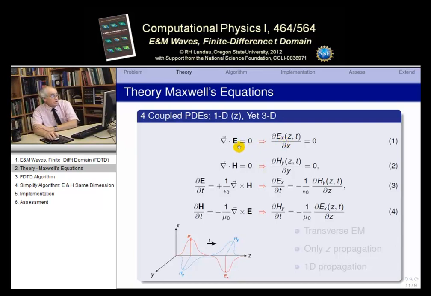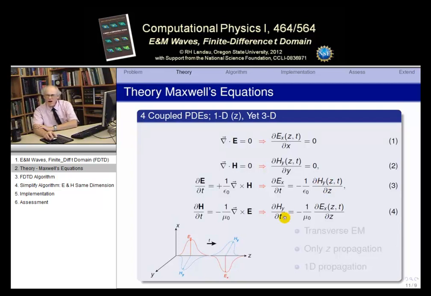So the del dot E becomes the derivative of E sub x with respect to the x direction. Del dot H becomes the derivative of H sub y. So this is the only component which matters. And the time derivative of E, which is the x component of E, is related to the z space derivative of the y component of H.